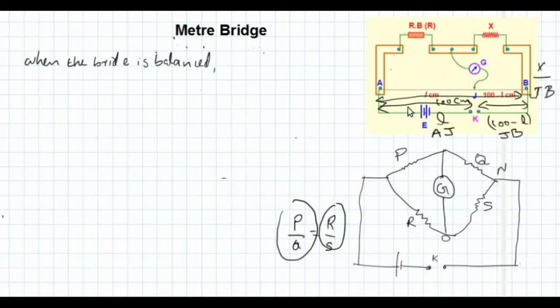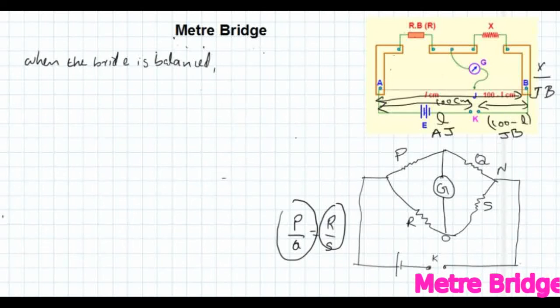R is the resistance of the length AJ. In the meter bridge, R is represented by the resistance of the wire of length AJ, and S is represented by the resistance of the wire of length JB.